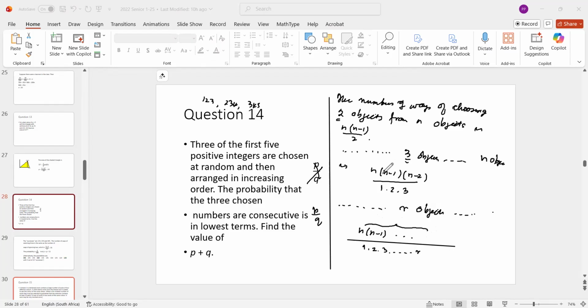The same number, 1, 2, 3, 1, 2, 3. See, it's a very, very useful formula. So here, if you say the number of ways of choosing 3 objects from 5, n is 5.